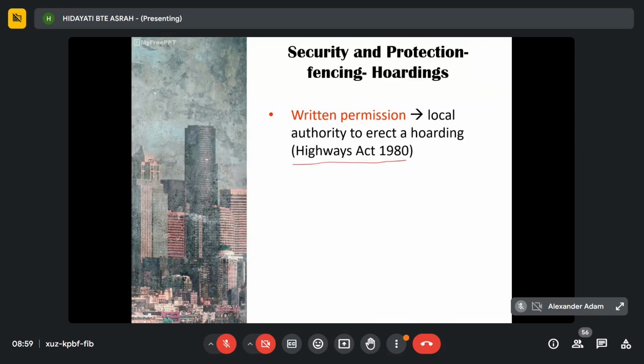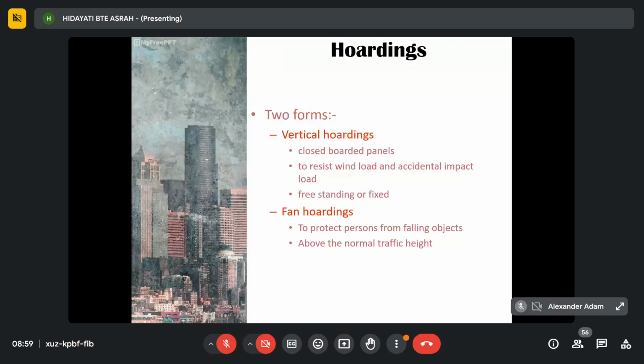And for hoarding, there are two forms. One is the vertical hoarding, and the other type is fan hoarding. For vertical hoarding, the panels are cross-bordered panels, fixed to resist wind load and impact. It can be freestanding, or you can fix it to the external wall of an existing building.